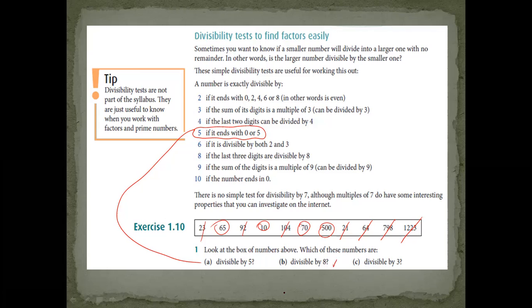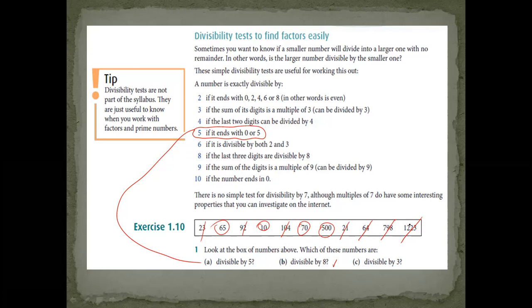By 8. What was the rule of 8? If the last 3 digits are divisible by 8, I mean, it's also the sum of the last 3 digits. Of these numbers, 1 plus 4 is 5. This 5 is not divisible by 8.